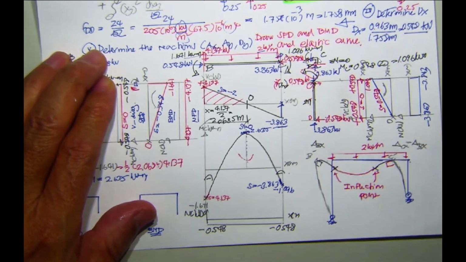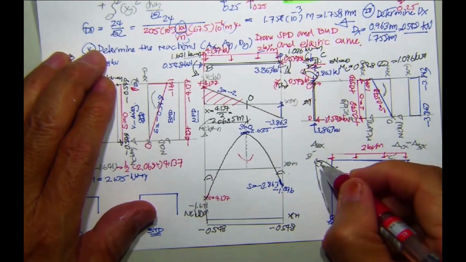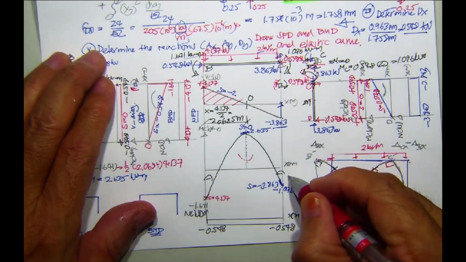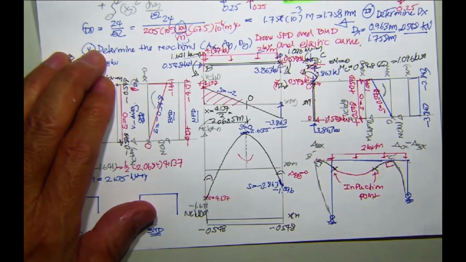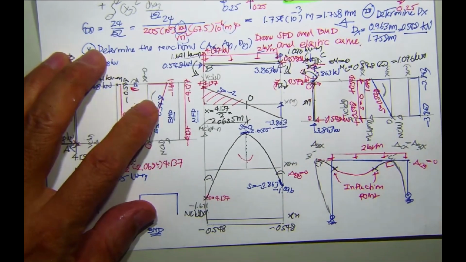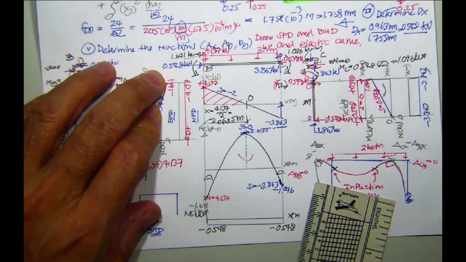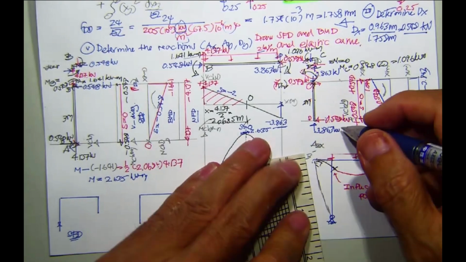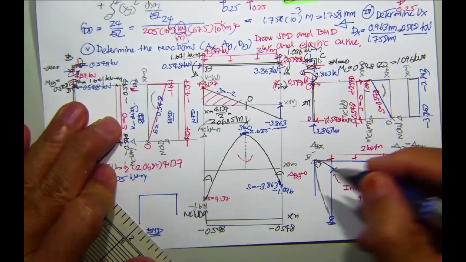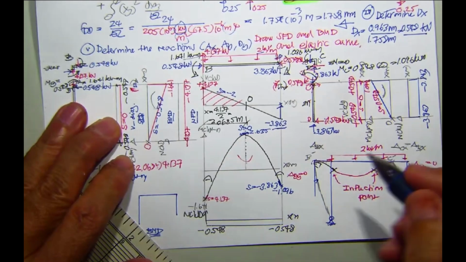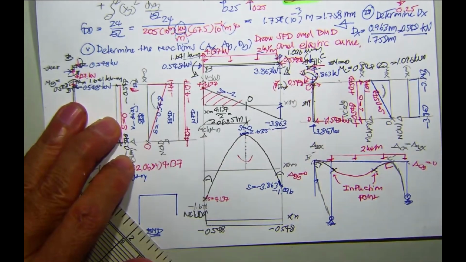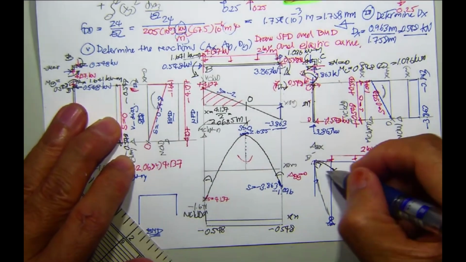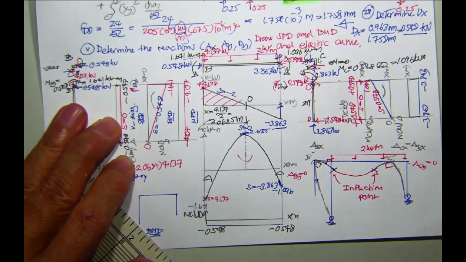This is your inflection point. If you take delta sub dy equal to 0, then you will say this is going to be the slope from this one to this one.